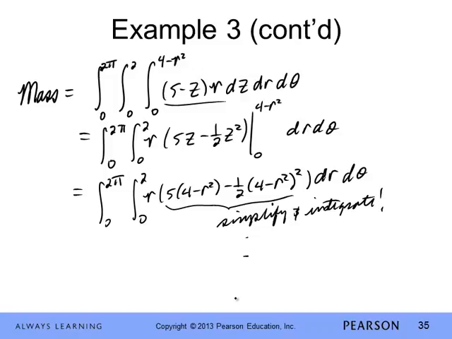So that worked out to be, when you simplified this, 24r minus 2r cubed minus r to the 5th power. And that is including that factor of r there as well.